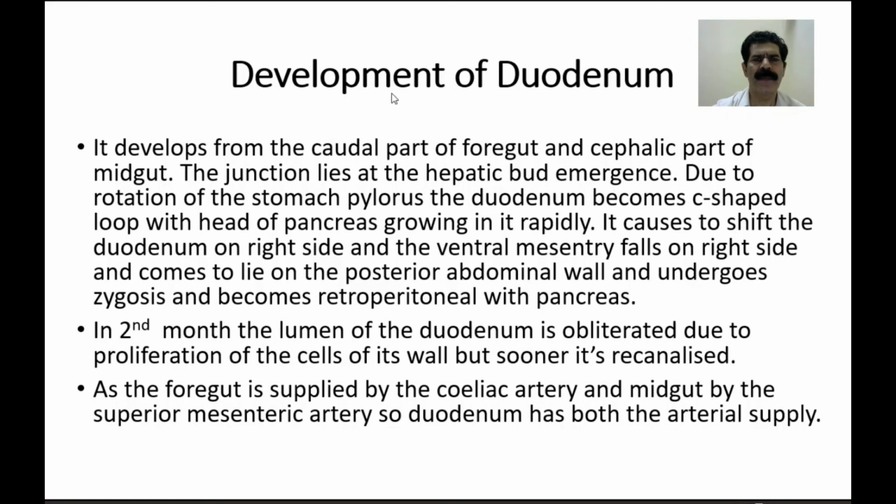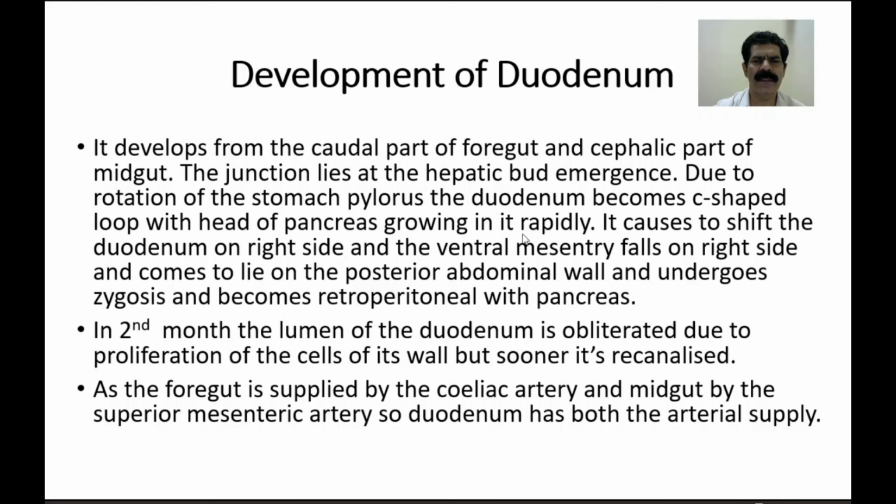Next, we do the development of the duodenum. As we know, the upper half is developed from the foregut. So it is developed from the caudal part of the foregut and the cephalic part of the midgut, and the junction of this lies at the hepatic bud emergence. Due to the rotation of the stomach, the pylorus and the duodenum next to it become a C-shaped loop, and the head of the pancreas grows rapidly in it.